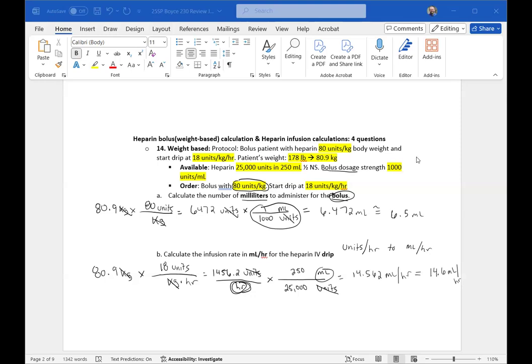This is new. Some of the heparin infusion questions are based off of, can you convert units per hour to milliliters per hour or milliliters per hour to units per hour if you need to be? Or they might give you this thing that's called the heparin protocol, where there are two questions you need to answer. You need to be able to calculate the bolus and you need to be able to calculate the infusion rate.